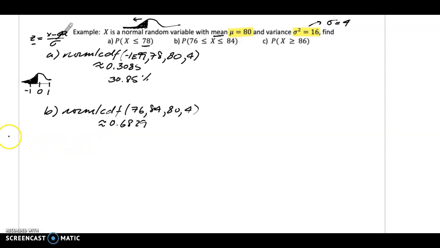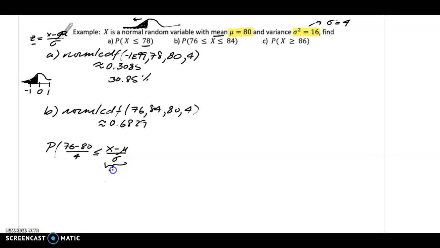So we're done there. But what happens if I had to do this using my z-score? Well, it would look like this. I would take 76 minus the mean, which is 80, divide by 4, and do that to everything in the middle. So this actually is going to be x minus mu divided by sigma.